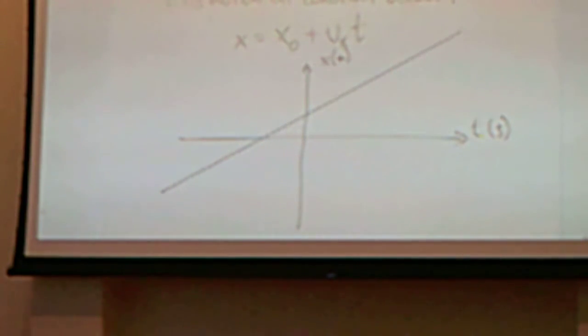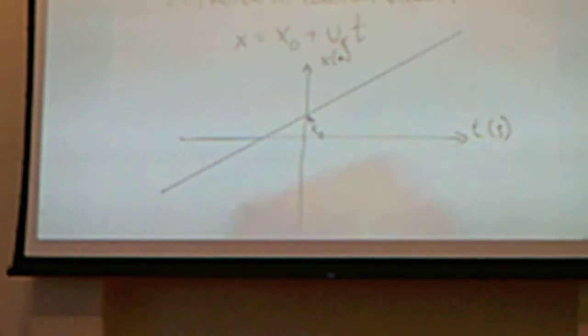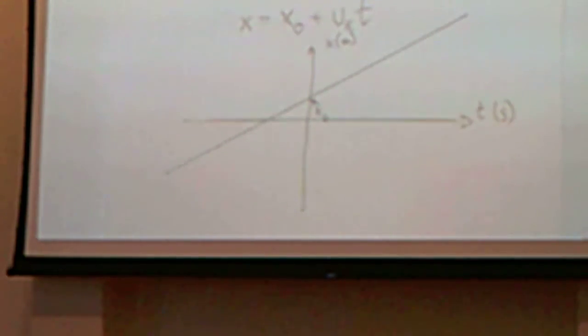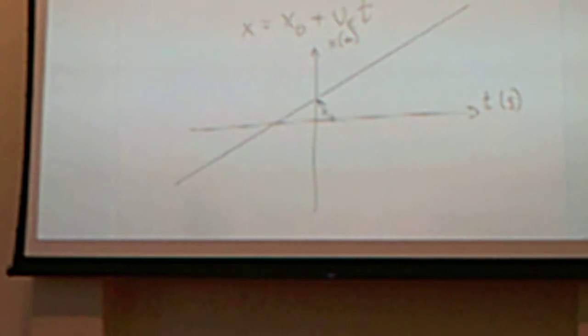Alright, so say this is a line that corresponds to the equation x equals x naught plus vx t for a given object. x naught is the position at time equals 0. So that's this point right here, what you call the y-intercept, right? That's where this line, which could have any slope, crosses the y-axis, which is in this case the position axis.